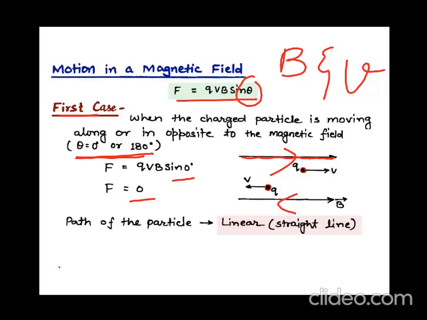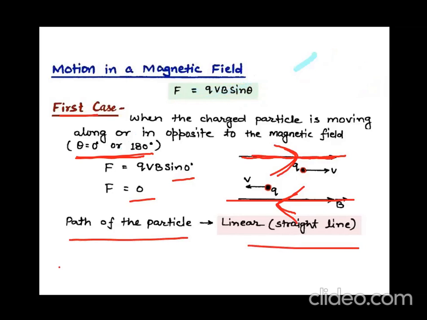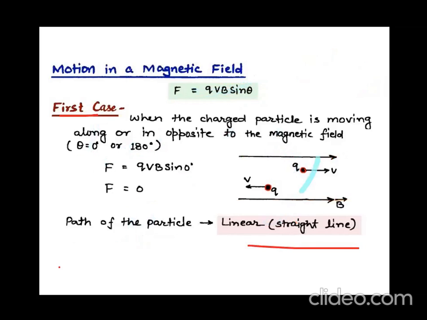So the charge continues to move with the same velocity in the same straight direction. The path of the particle would be linear, a straight line path, when the angle between the external magnetic field B and velocity V is 0 or 180.